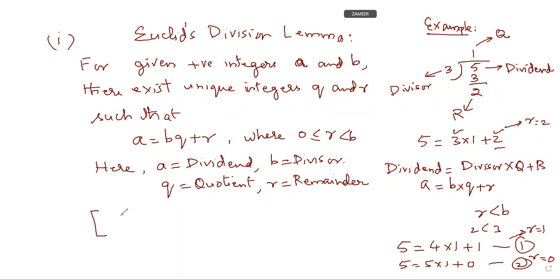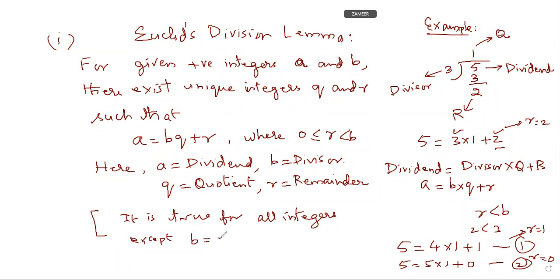So you must know that it is true for all integers. We take negative also, it is followed, except b is equal to 0.